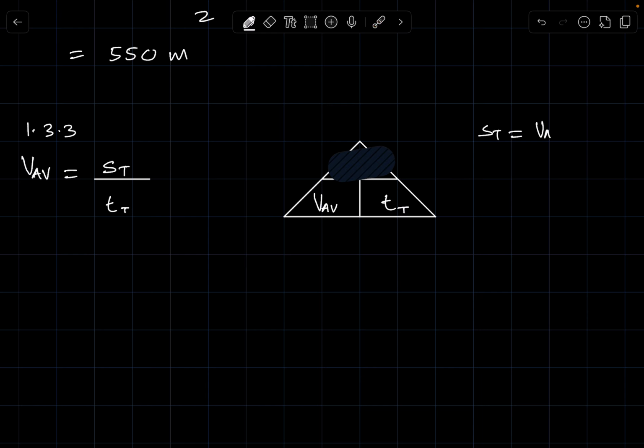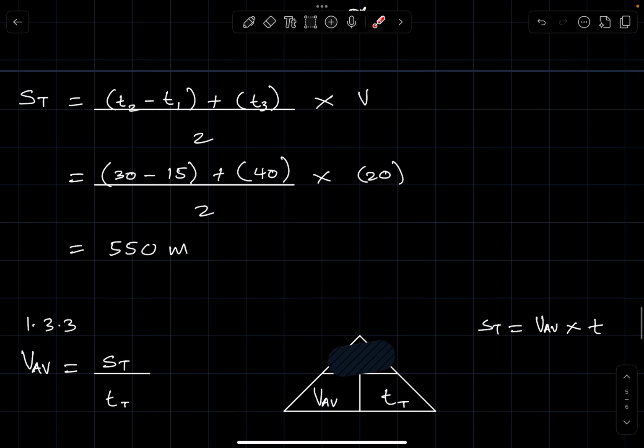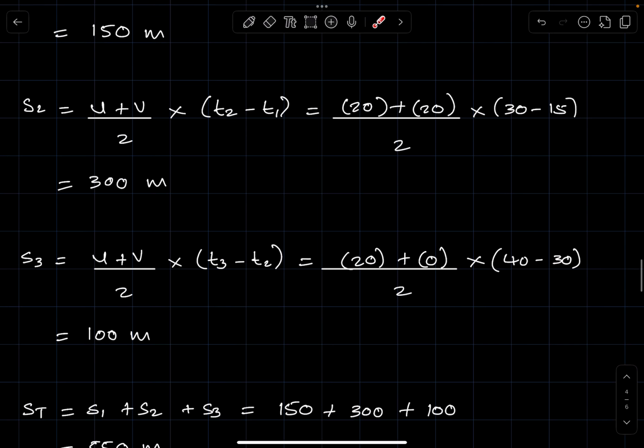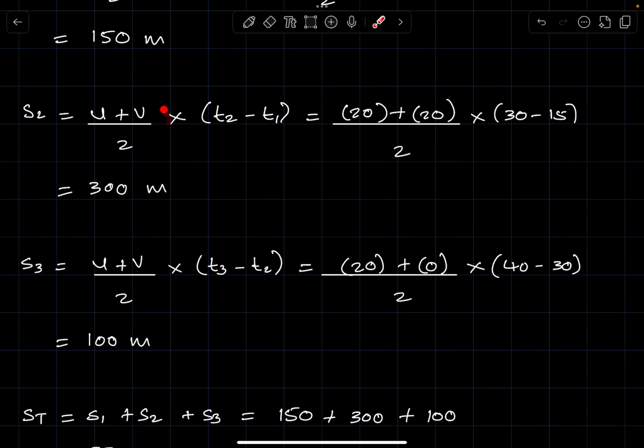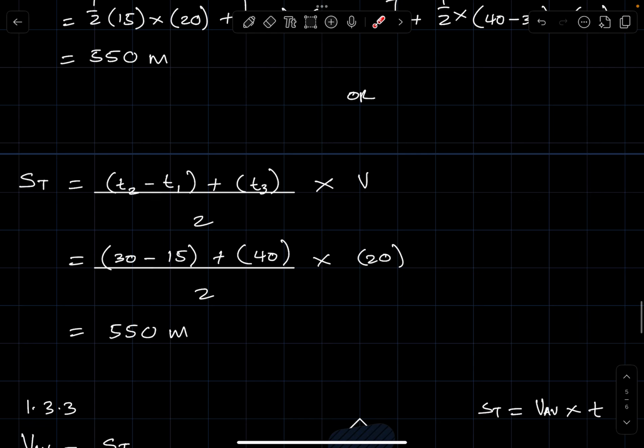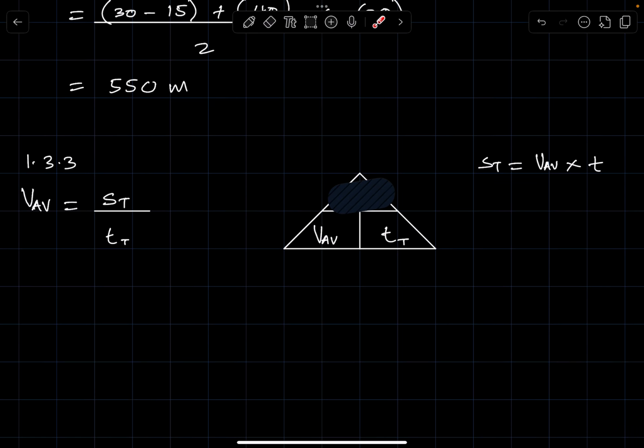So this would be average velocity times T, which corresponds, if you think about it, with the first approach we used in calculating the distance. Average velocity times time is the same as that. But this method, of course, you would use if the average velocity of the entire span of the car's motion is given. So that is how you use this triangle.